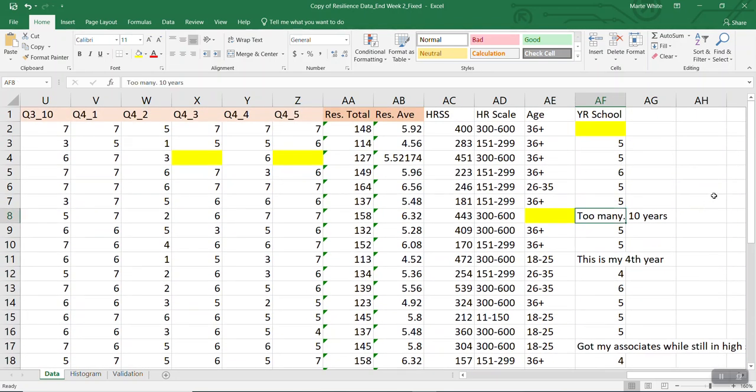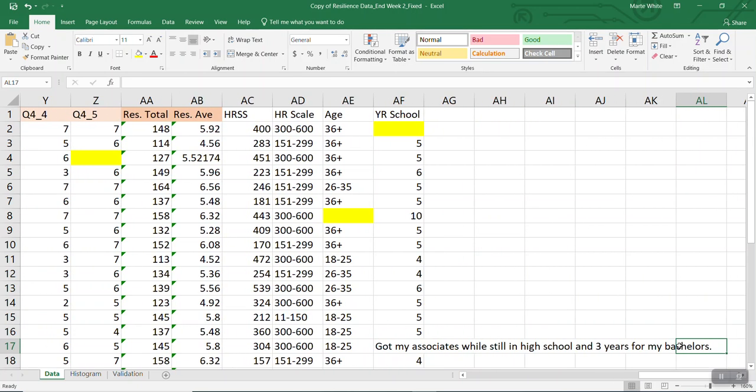Here we have people that decided to actually add some more information, which is great, but for when we're doing data, we actually just need numbers. So this person was in school for 10 years. So we'll just clean that up for them. This is their 4th year. Got my associates while still in high school, and 3 years for their bachelor's.